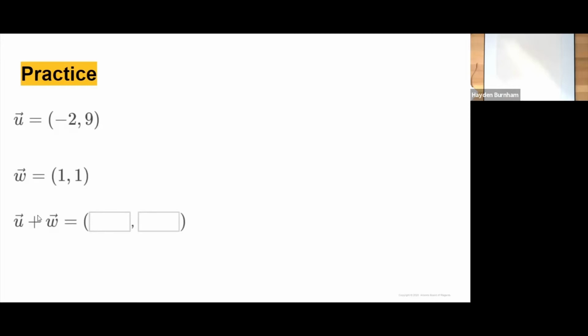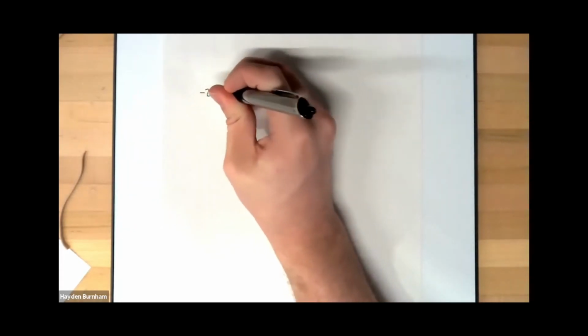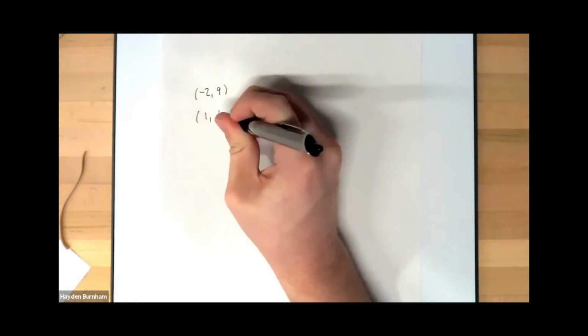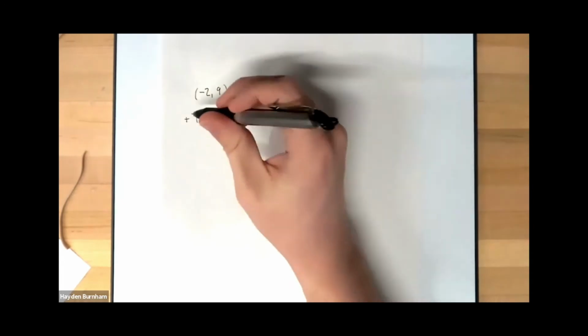So if you want to calculate the sum of these two, you can just add the individual parts. For example, it was -2, 9, and that was 1, 1. And we want to add these two together.